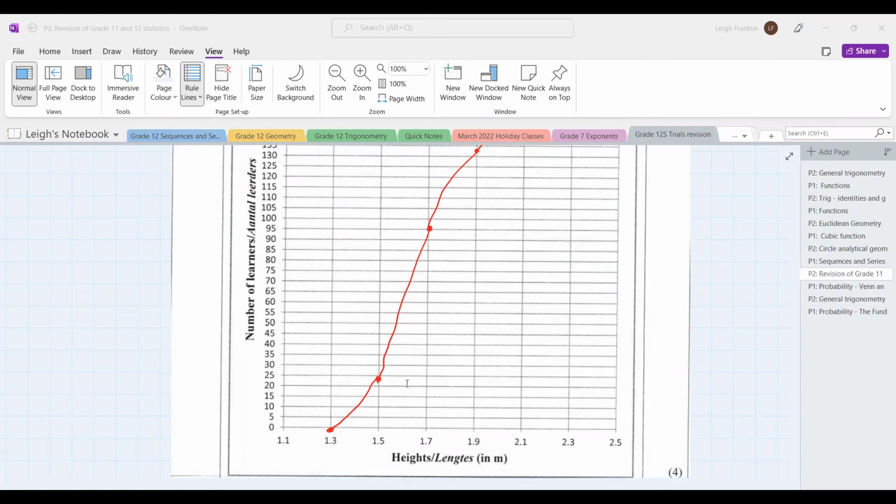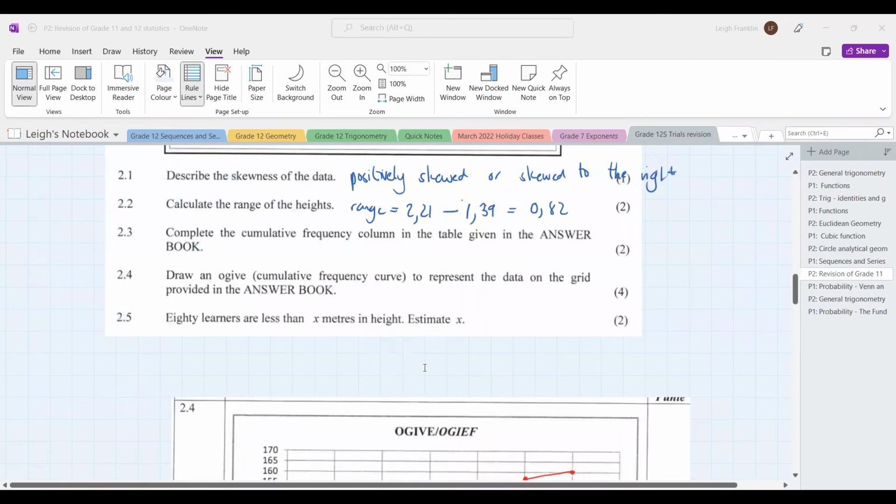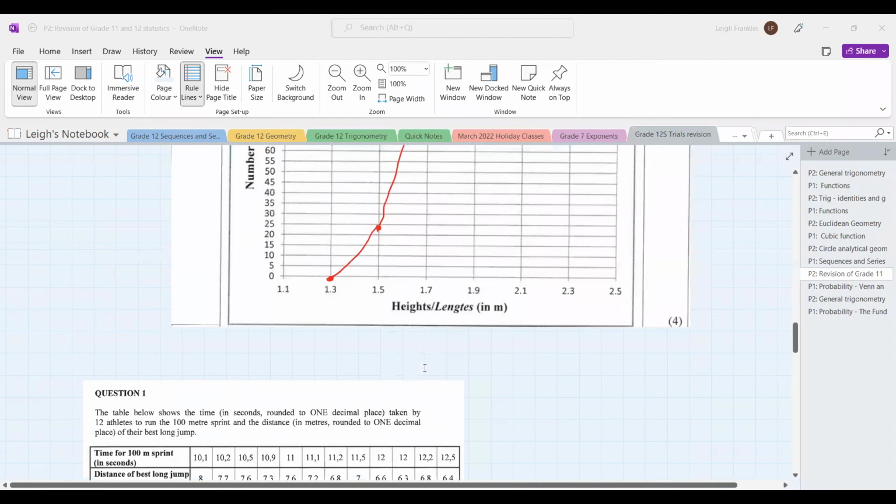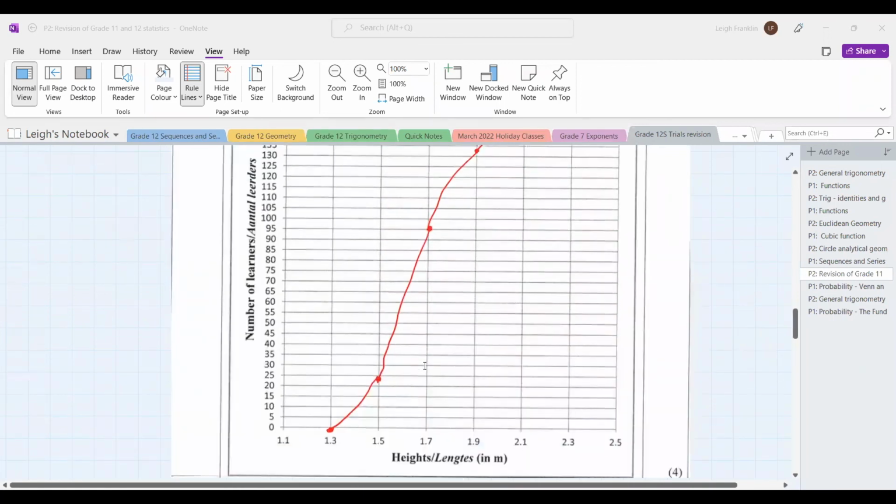Which axis do they want us to look at? If they're talking about 80 learners, are we on the x-axis or the y-axis?